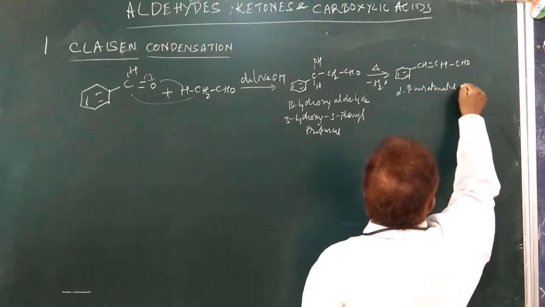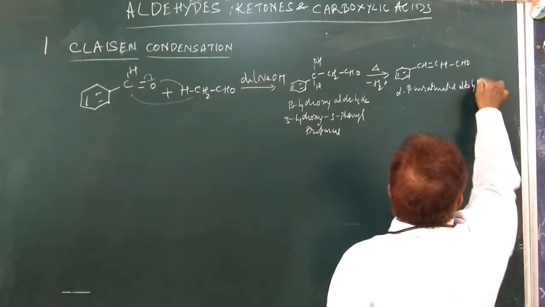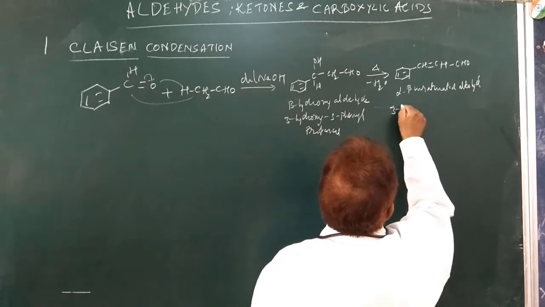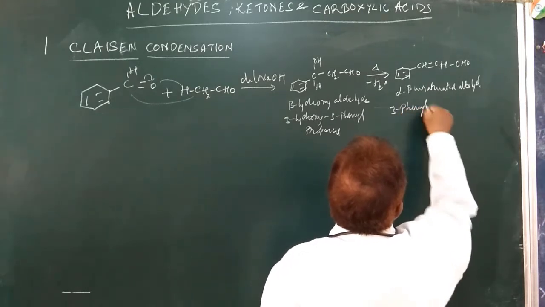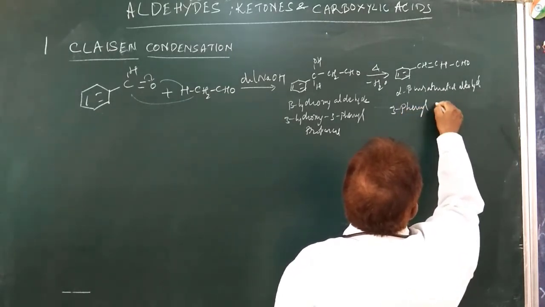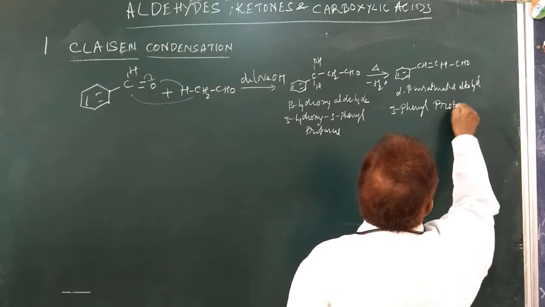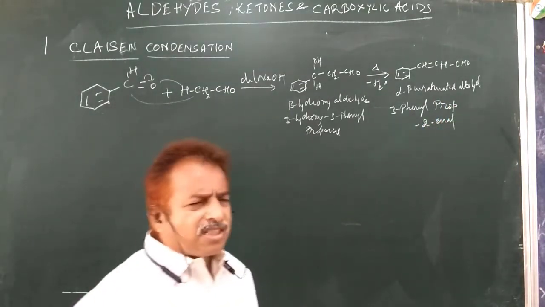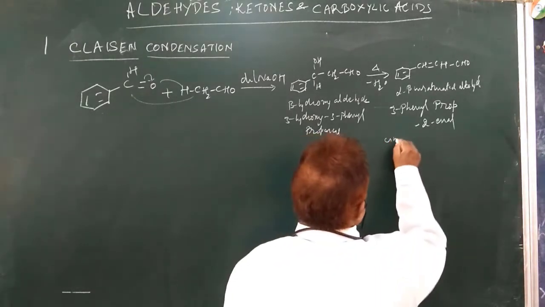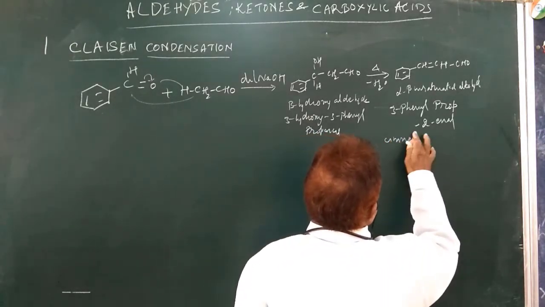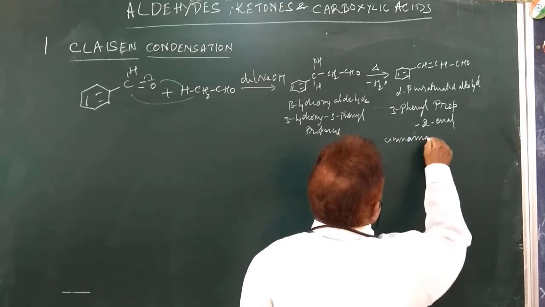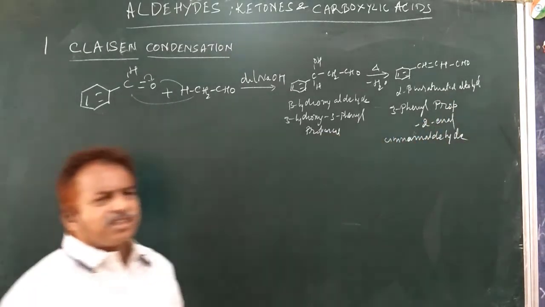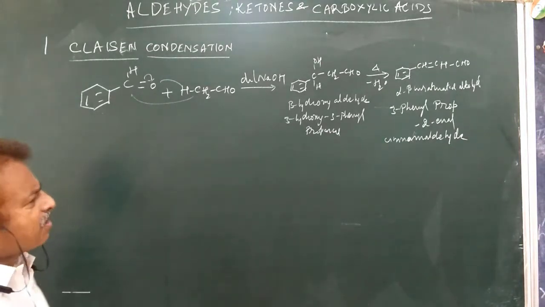Here this is 3-phenylprop-2-enal, which is commonly known as cinnamaldehyde. So this reaction is referred to as Claisen condensation.